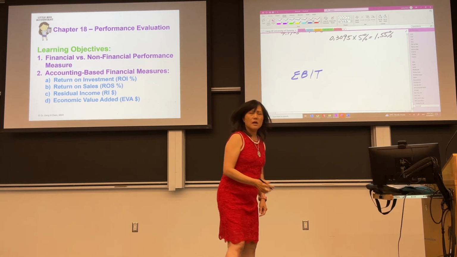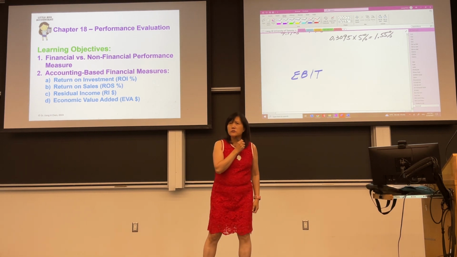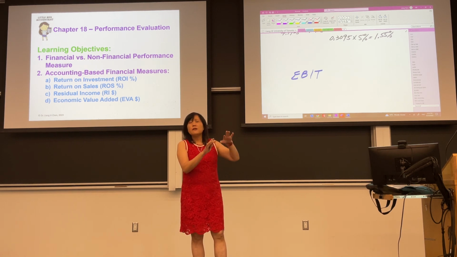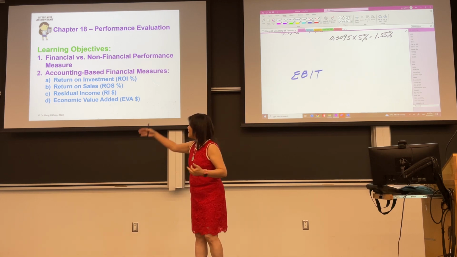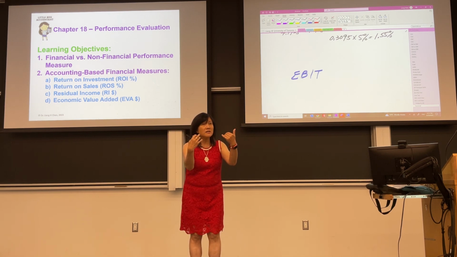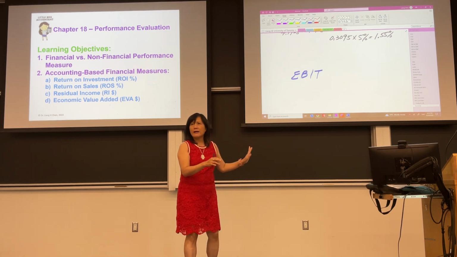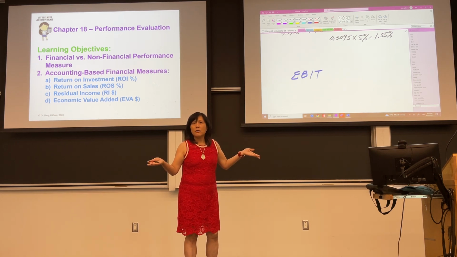Okay, you can use this. But then the manager in the bigger division is going to say, hey, I have lots of capital investment. I have a huge depreciation and amortization. Once you subtract it, my accounting income looks smaller, even though we forget about the interest and taxes. We want to be fair.